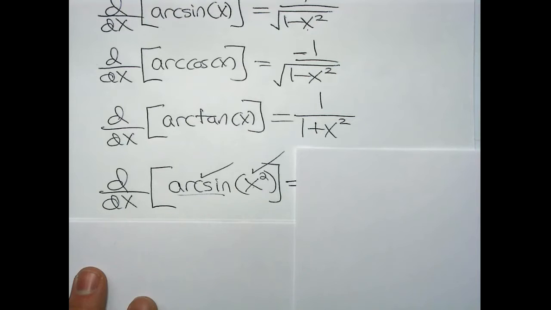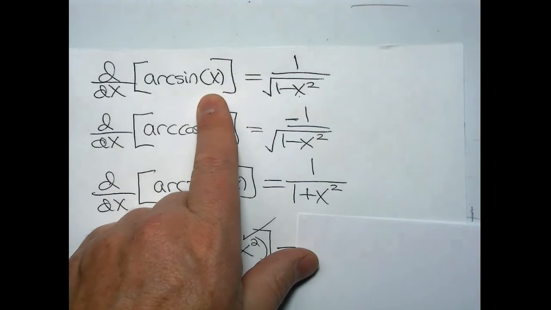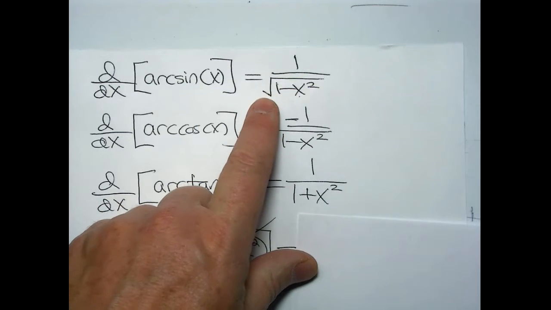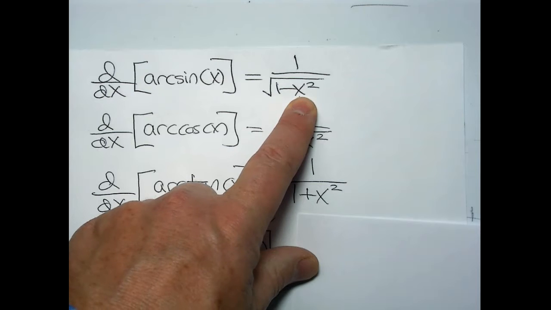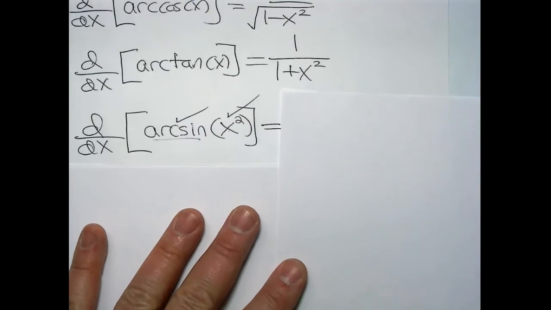Now, I have to be careful here, because the answer is not always that. This is just arcsine of x. The real answer is 1 over the square root of 1 minus argument squared, not just x, argument. So how would this one work?